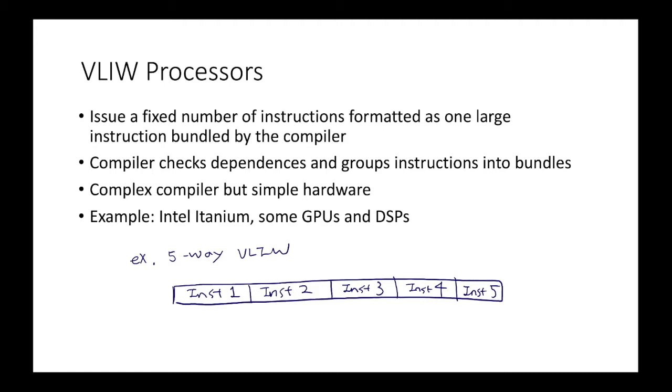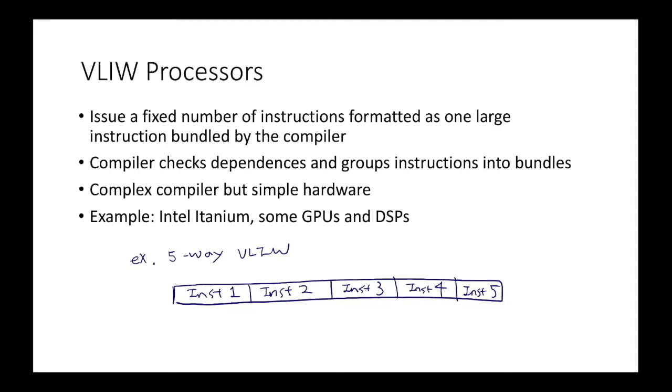The VLIW processors issue a fixed number of instructions formatted as one large instruction bundled by the compiler. And the compiler checks the dependencies at compile time and groups the instructions into bundles. So the compiler gets complicated, but the hardware gets simple.